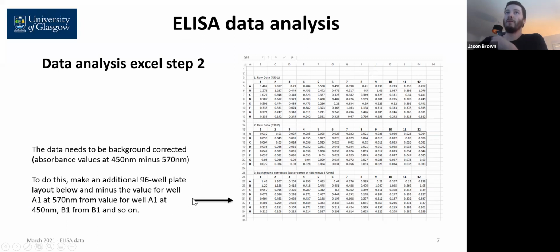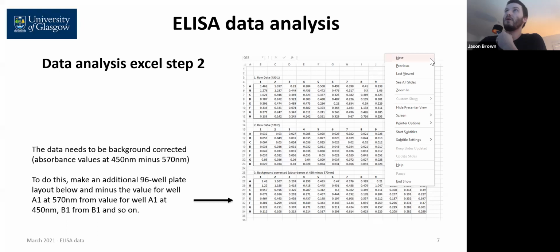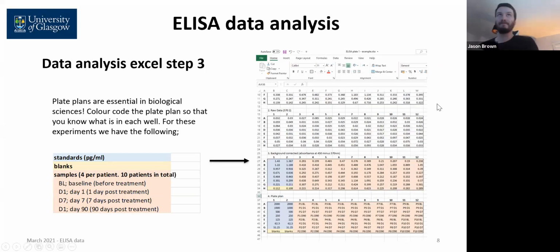If you do that for every single well, then you will get a 96 well plate layout that looks like this, that has the background corrected absorbance values. Okay, so hopefully that makes sense and you are following at the moment.